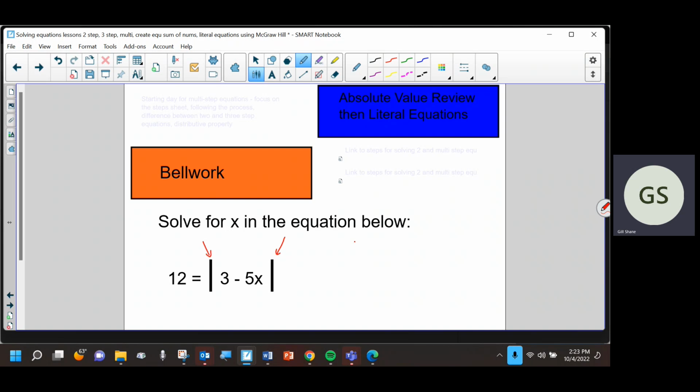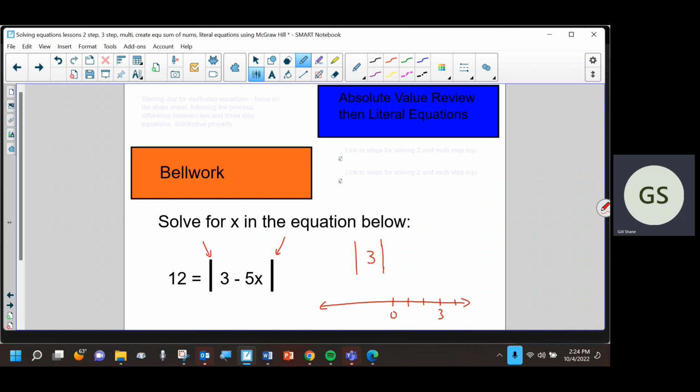So for example, if I say the absolute value of 3, that means how far away from 0 is 3. So if I have a number line, and there's 0, well, 1, 2, 3, 4, so there's 3.